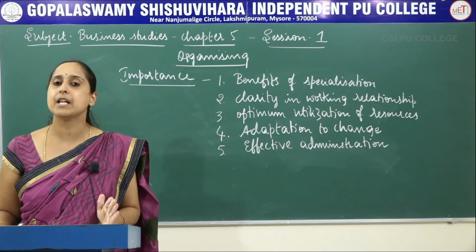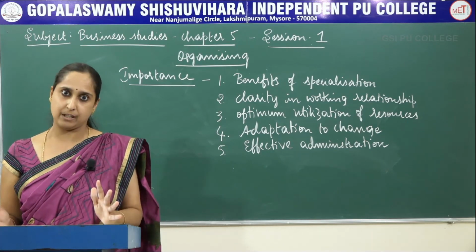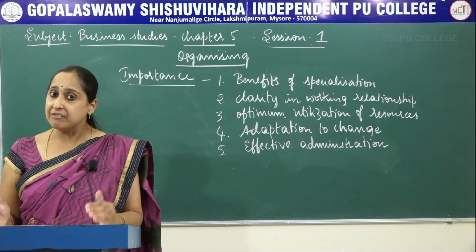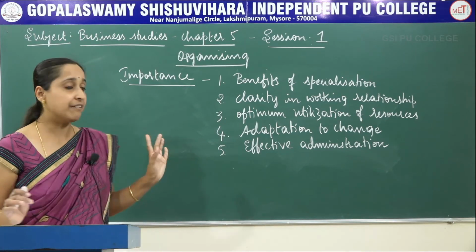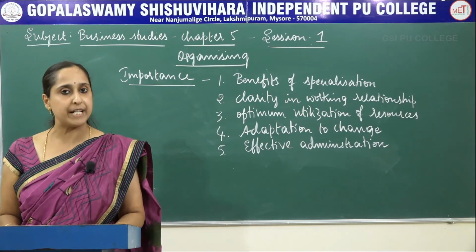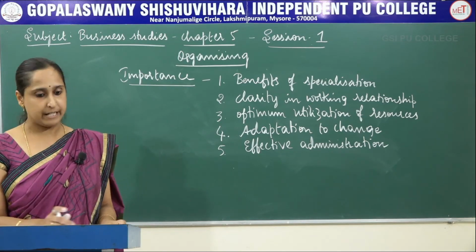So this helps in avoiding confusion and duplication of work. So here there is a clarity in working relationship and it definitely leads to effective administration. There is no confusion and there is no duplication of work. So this is the fifth importance of organizing.